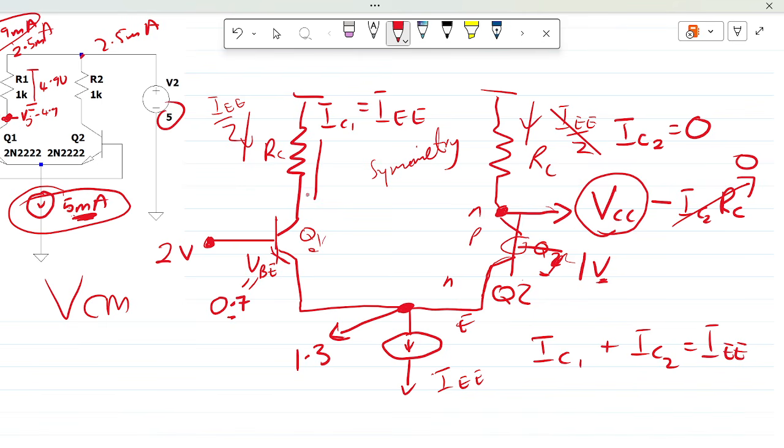In that case, all of IEE is flowing through this branch. So what's going to be the voltage here? The voltage is going to be VCC minus IEE, rather than IEE over 2, times RC. That's going to be the voltage at the node VX. So this is a very important concept that we need to know to understand how the bipolar amplifier behaves.